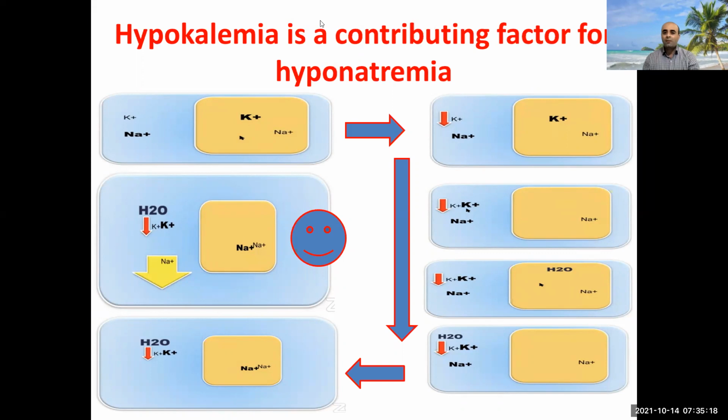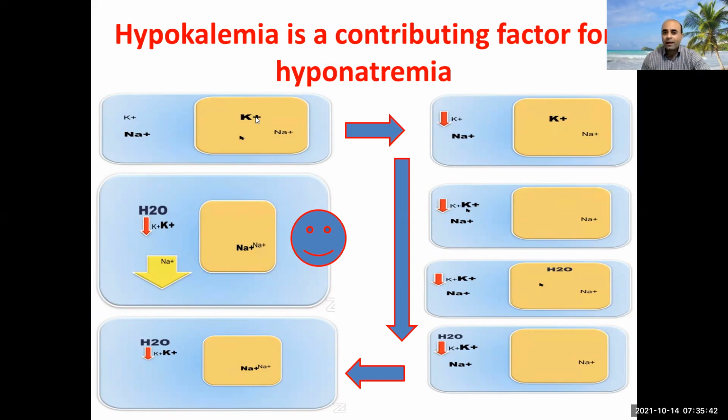What will be happening? Hypokalemia is a contributing factor for hyponatremia. How? We have here an extracellular fluid compartment and an intracellular fluid compartment. Extracellular has potassium around, just to give an empirical number, 4 or 5 milliequivalents, and sodium 140 millimole.